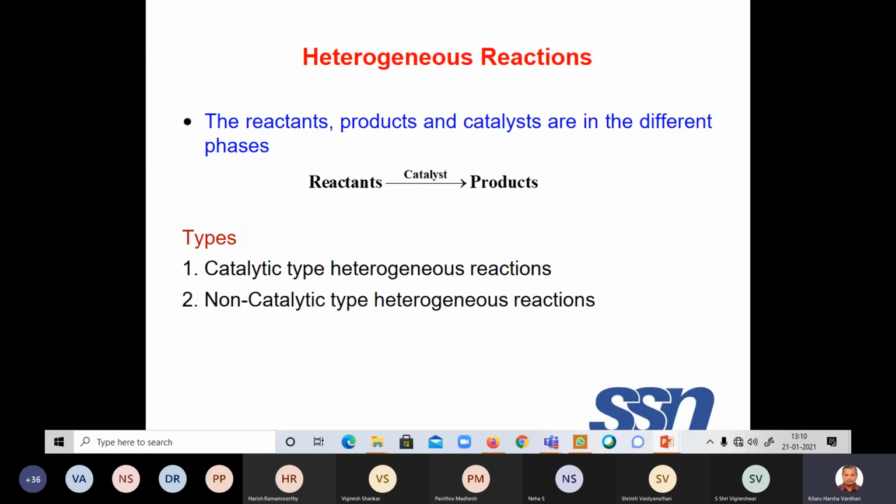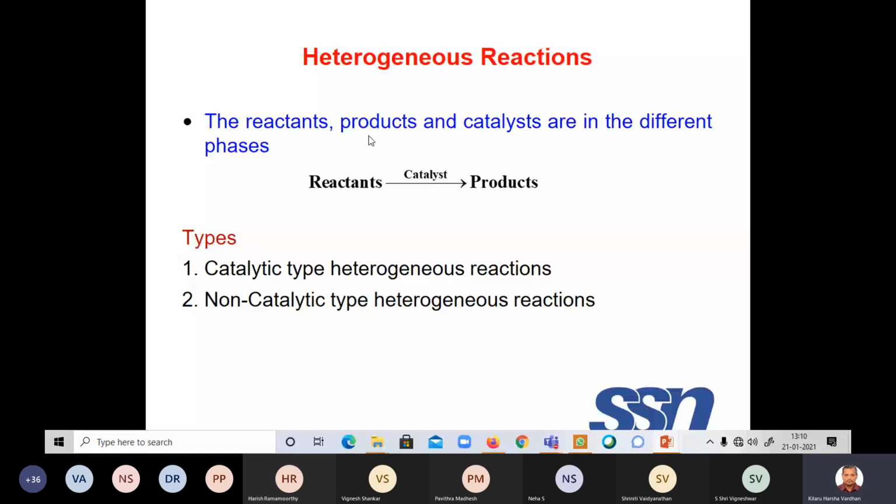Now, what are heterogeneous reactions? You can see any reaction will have reactants, and it will give you the products. A heterogeneous reaction is a reaction in which the reactants and the products are of different phases. Not only that, if a catalyst is present, then also you call it heterogeneous.